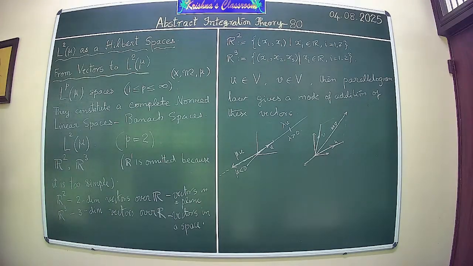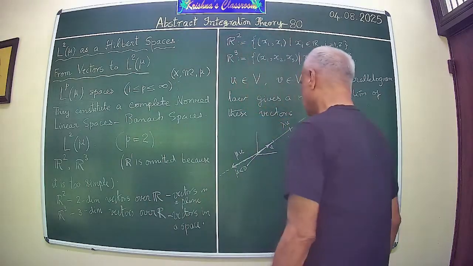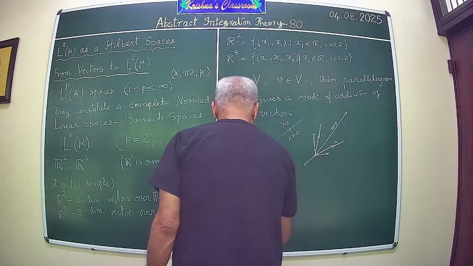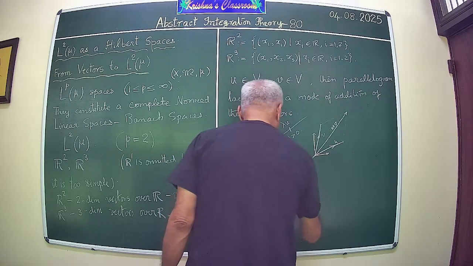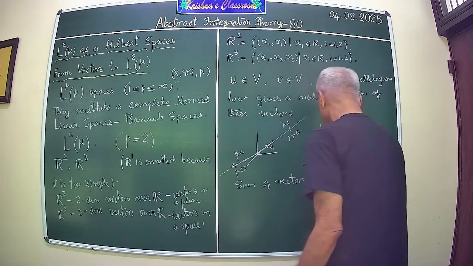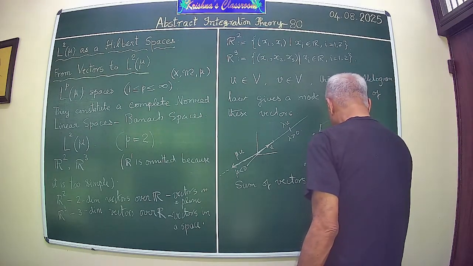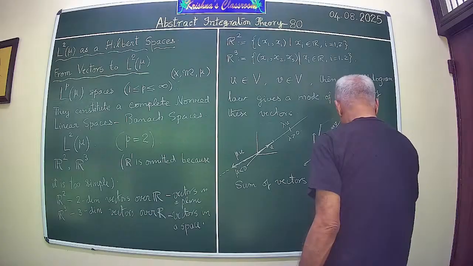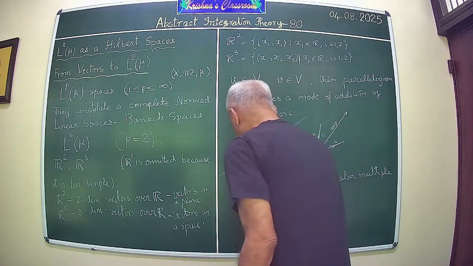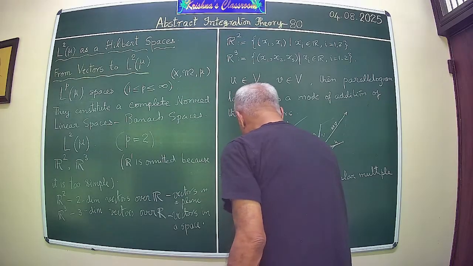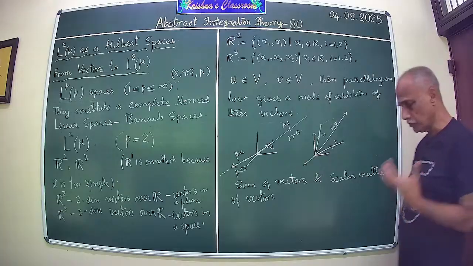Okay, so this is the situation that you have. So you have the concept of what are called sum of vectors and scalar multiple of vectors. The sum of two vectors is again a vector.